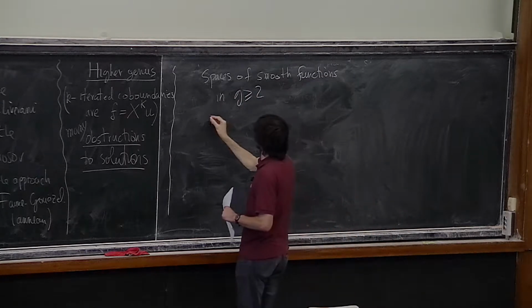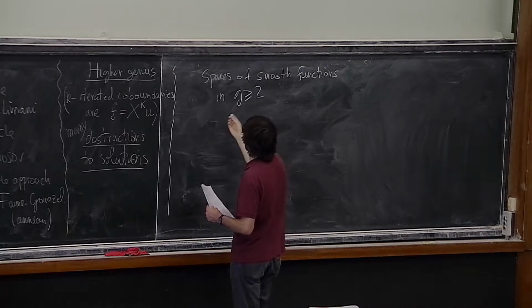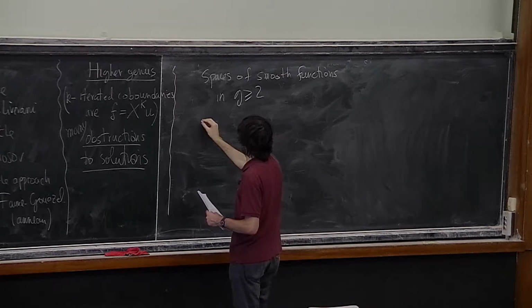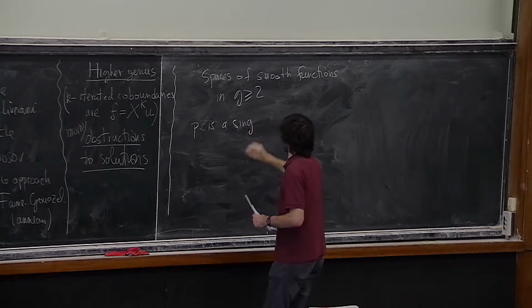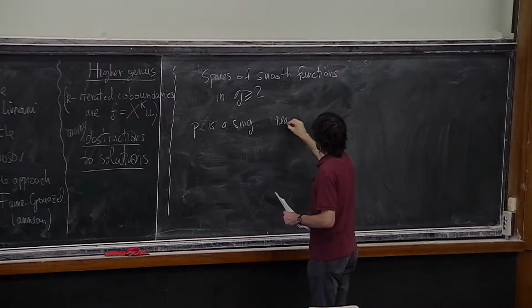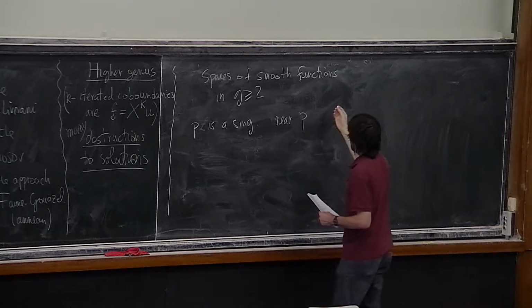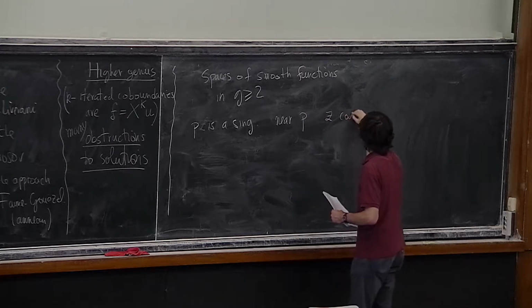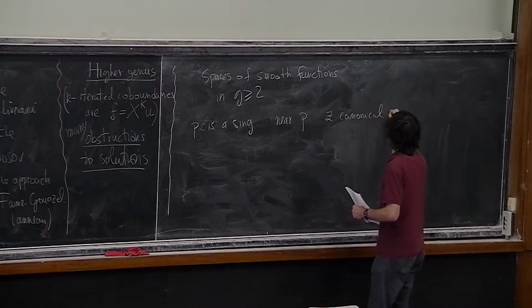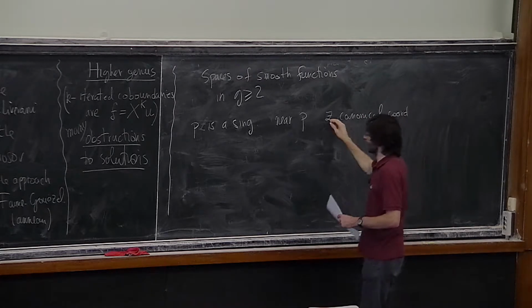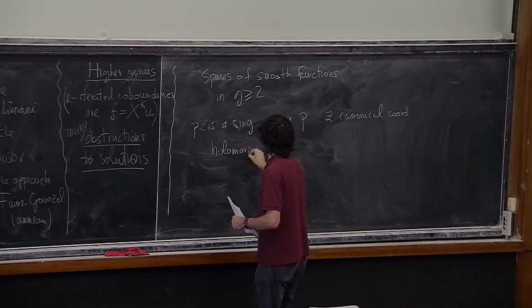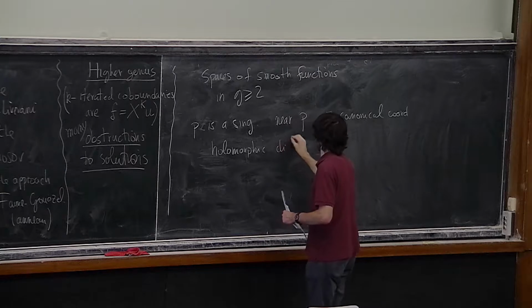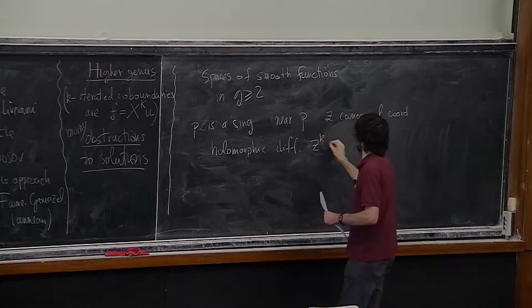Now, the most fundamental idea that comes up in what I did is the following fact. Imagine that P is a singularity, and near P we have a canonical complex coordinate z, and the holomorphic differential associated to the translation structure will look like z^k dz.